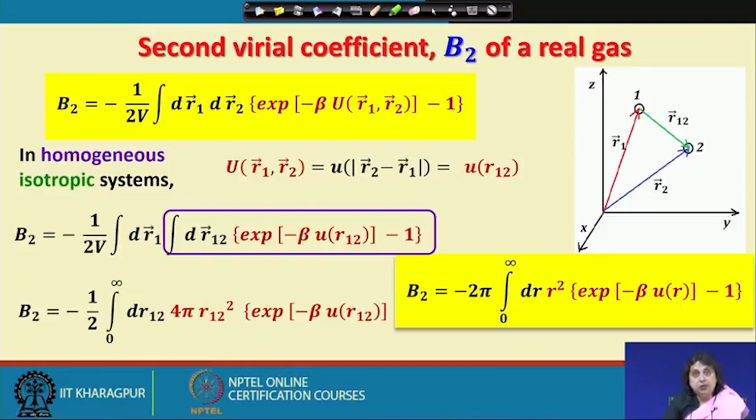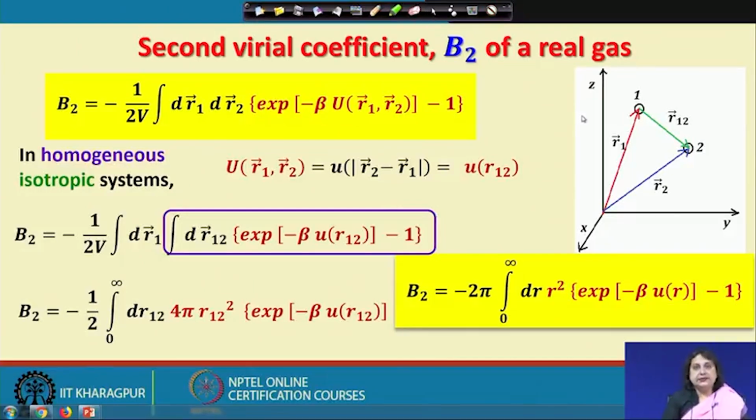Therefore, if I know at what temperature the system is present, I know the factor beta. If I know what u of r is, then I should be able to find out the integrand, which is this factor multiplied by r squared, and carry out this integration, and therefore, I should be able to evaluate what B2 is.